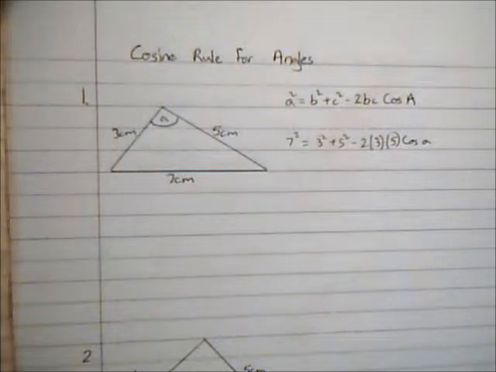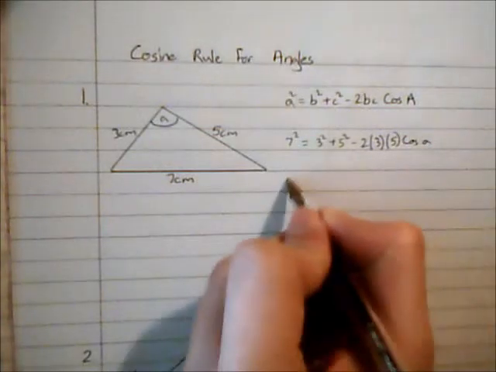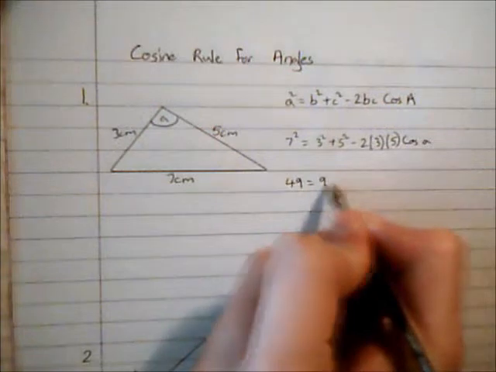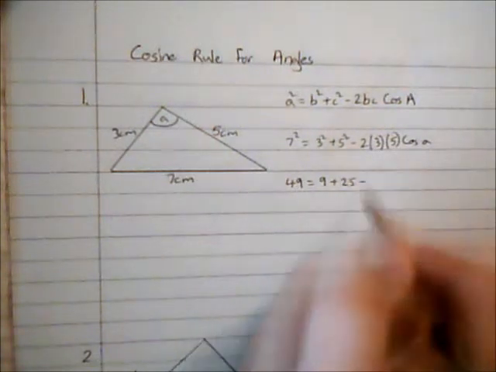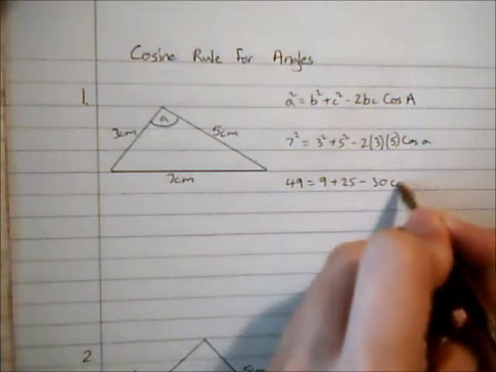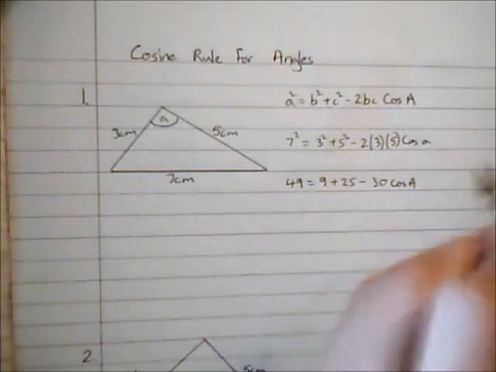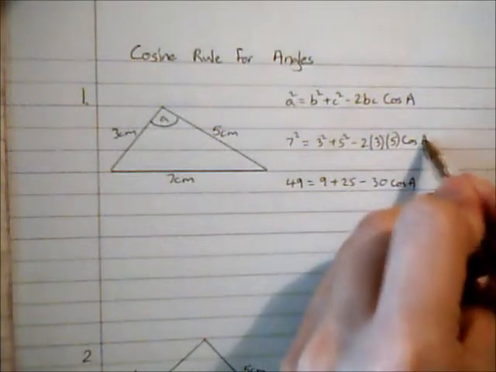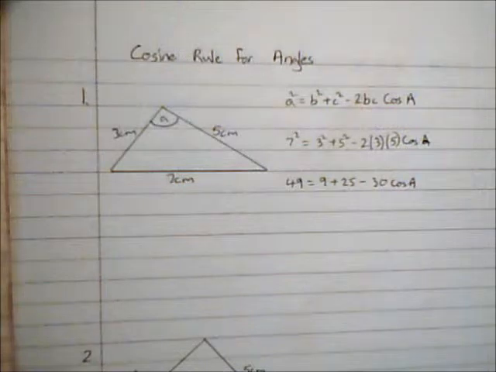So I'm going to simplify this to some extent first of all before I actually rearrange it. So I can write this as 49 is equal to 9 plus 25 minus 30 cosine A. Should have been a capital A really. And then I'm going to subtract all of the number terms onto the left side.